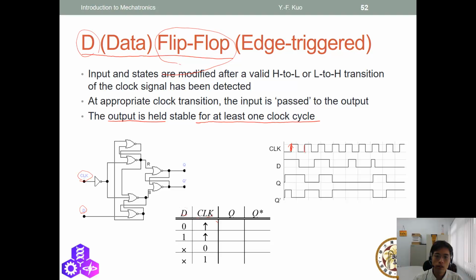The change happens at the rising edge. Now I'm not going into the details. And this is the truth table. Also, you can come up with a Karnaugh map, and then you will see that Q star is equal to D. Okay, and this is pretty much how memory is created.